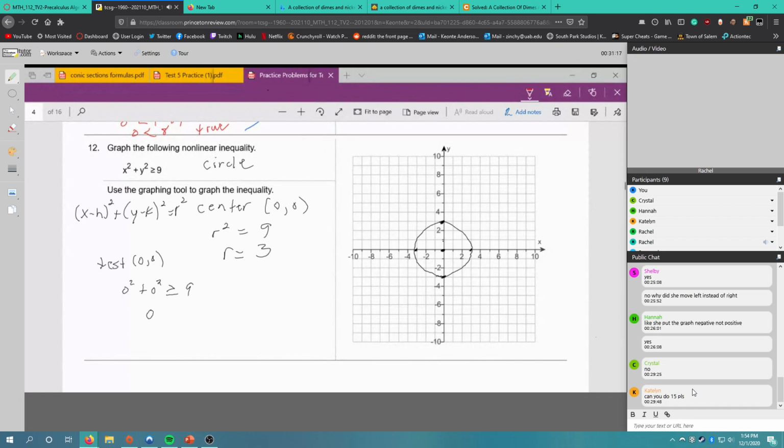So 0 is greater than or equal to 9. That's false. So since that's false, then I know I'm going to shade not on the inside, but on the outside of the circle. So you would use your paint bucket on the outside of the circle for that one.